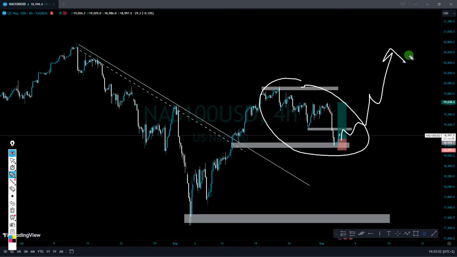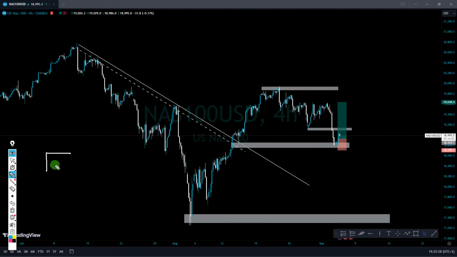I think this will be talked about much more when we go on to the fundamentals, because sometimes fundamentals can have an effect for a week, or most of the time we're going to have some serious effects from the fundamentals. Last week we had Nvidia earnings, which were positive.